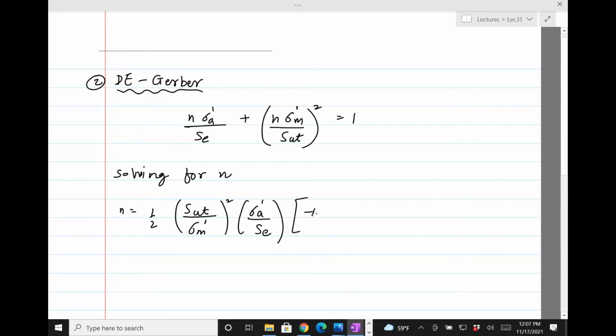And I'm using prime just to denote it's a von Mises stress. Plus the square root of 1 plus 2 sigma m Se divided by sigma a, and this should be a prime, sigma a Sut, the whole square. Okay.